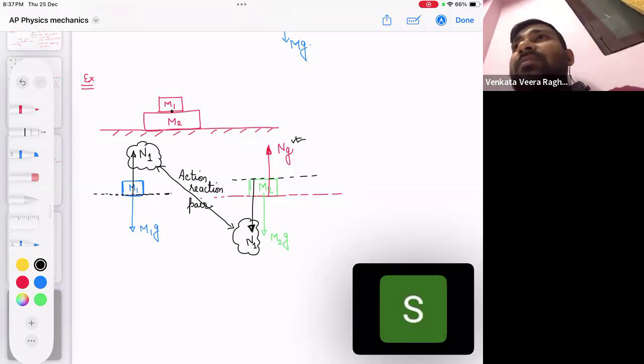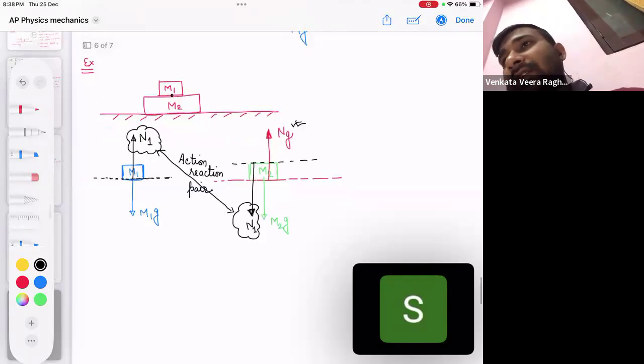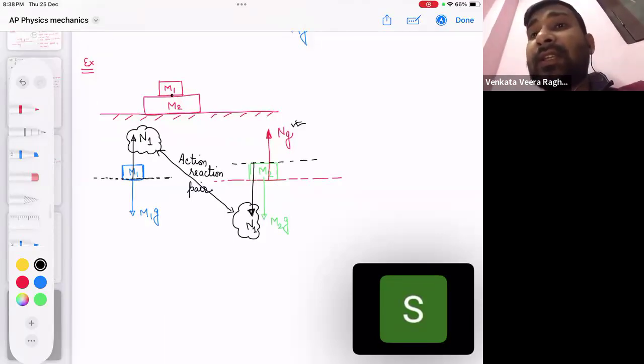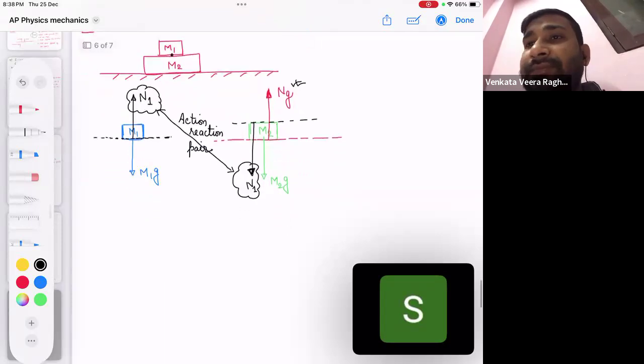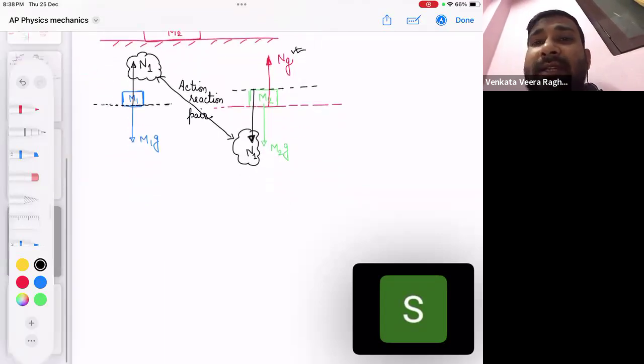If I push the earth, it's not going to go down. Think about it: when you jump on the earth, does the ground go down because of your force? No. So practically we never draw the free body diagram of the ground. But if a theoretical question asks where that reaction force is, you should be clear about that. Clear?